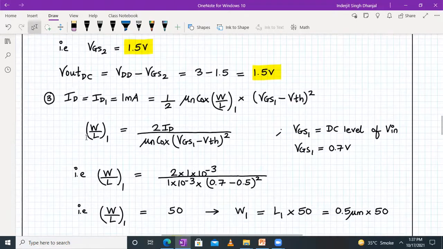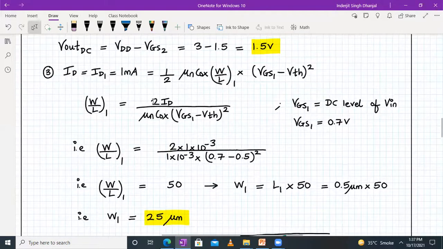Okay, so here we want the value of W1, right? So we substitute W by L of 1 and rearrange the terms. You will get W by L of 1 is equal to twice ID divided by mu n Cox into VGS1 minus VTH the whole square.